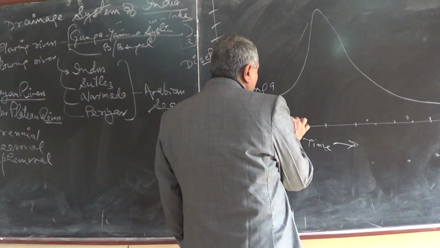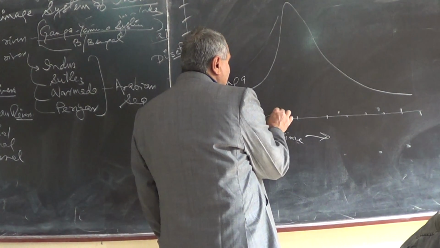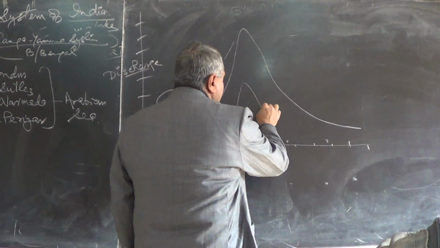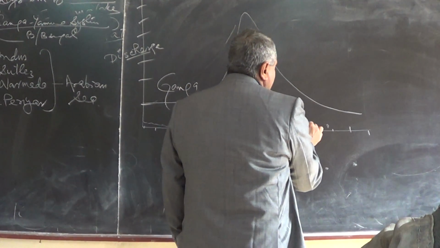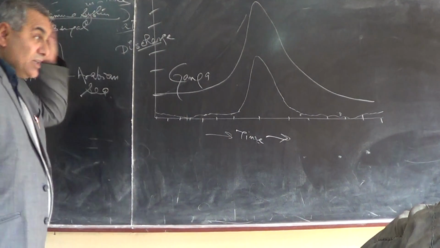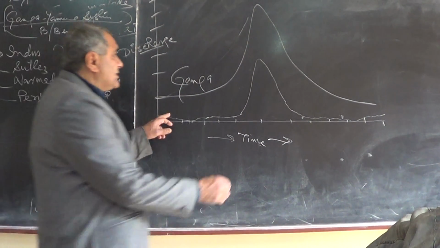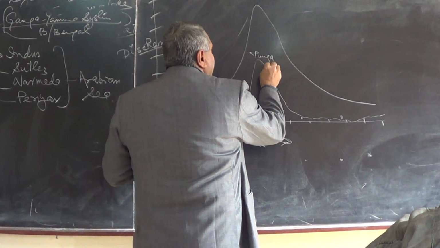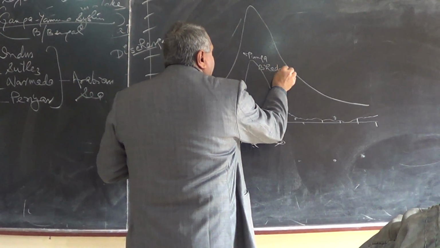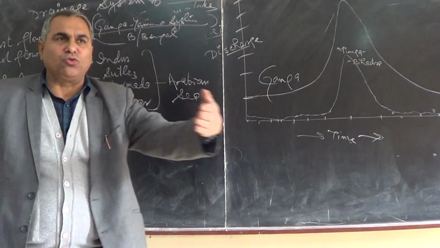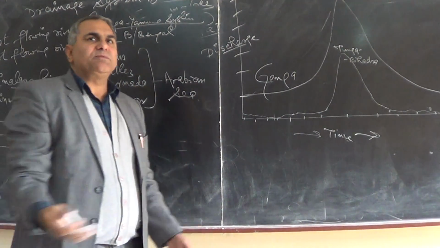Tungabhadra, in the month of June, it goes like this and it comes like this. Tunga and Bhadra are two rivers, one is Tunga and one is Bhadra, and it becomes Tungabhadra.